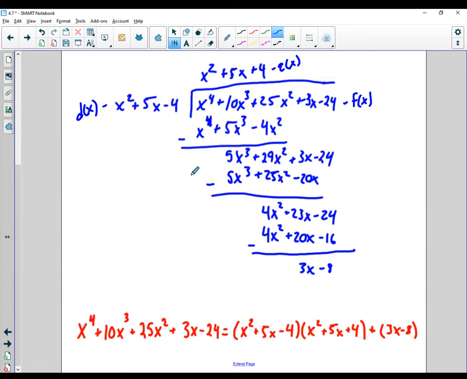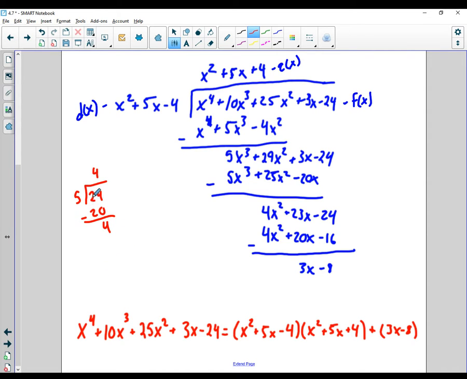But maybe a better way to do it is if I just did it with a number. So let's do 24, and if we divided 24 by 5, 4 would go here, then you'd get 20, subtract it, and you'd have a remainder of 4, right?